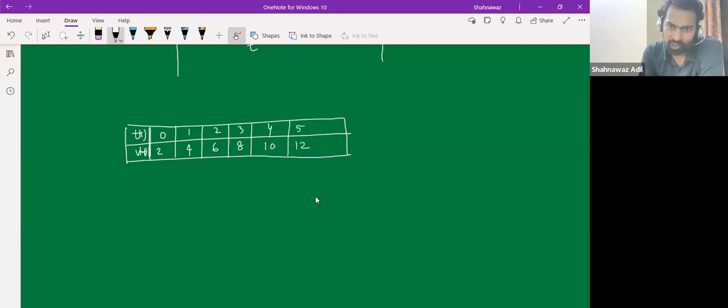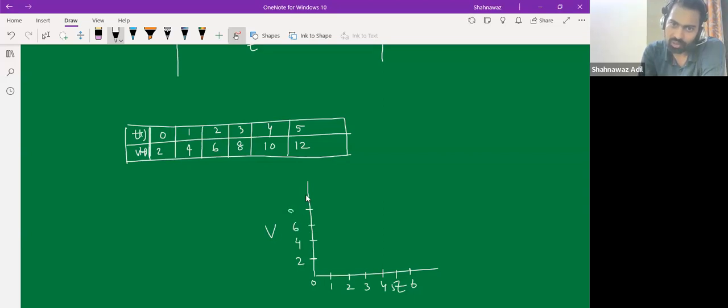When I draw the graph of this kind of motion, this is t and this is velocity. This is 0, 1, 2, 3, 4, 5, 6, and I divide the velocity axis as 2, 4, 6, 8, 10, 12.